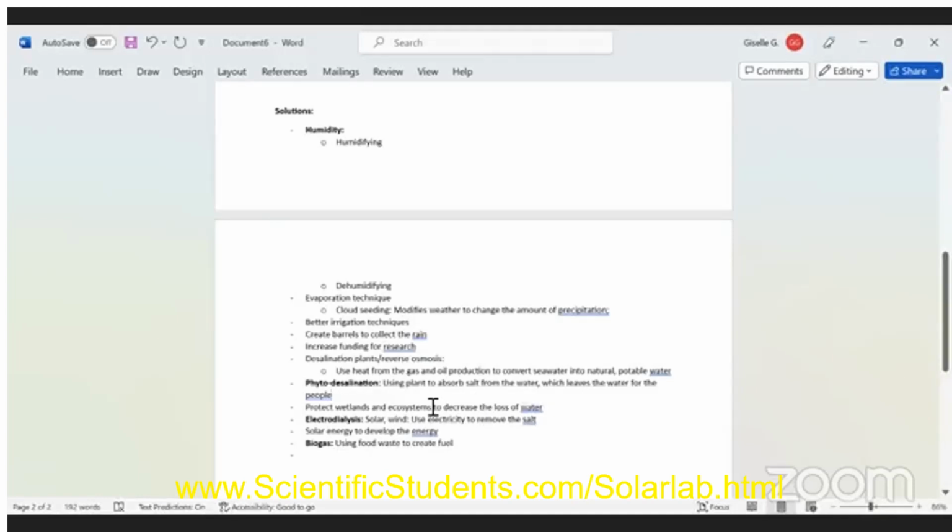Phytodesalination is a process that uses saline plants. There are many marine plants that live in the ocean, right? So they mostly absorb the salts in the water.